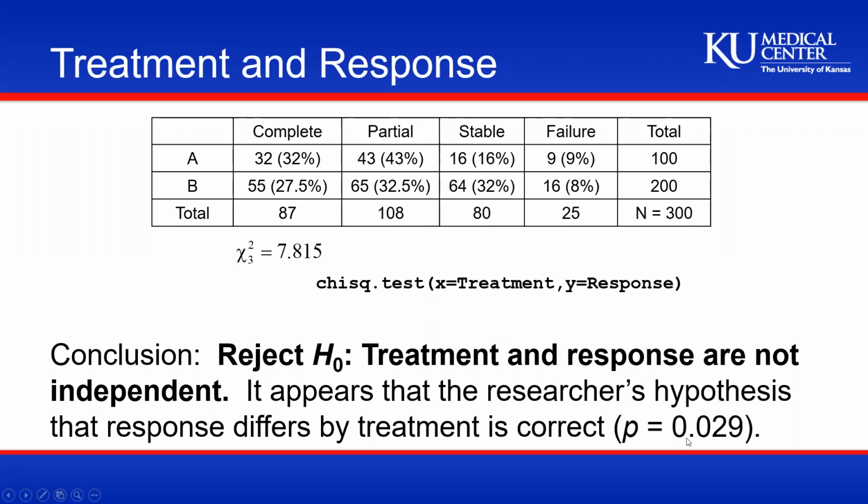It produces a p-value of 0.029, so bigger than 1%, less than 5%. That's the observed risk of a type 1 error, but we decide, because beforehand we thought 5% was the threshold for type 1 error, that treatment and response are associated. We reject the null that they're not associated.